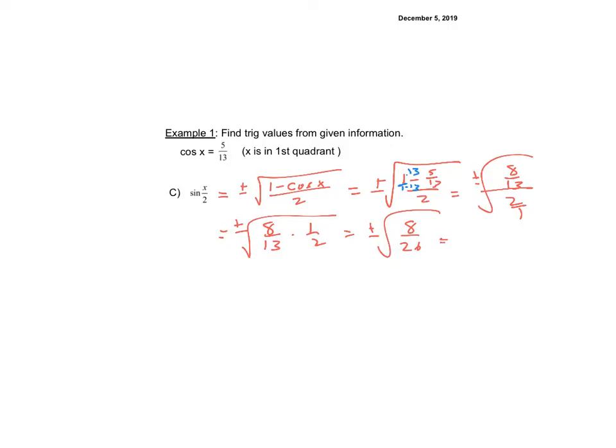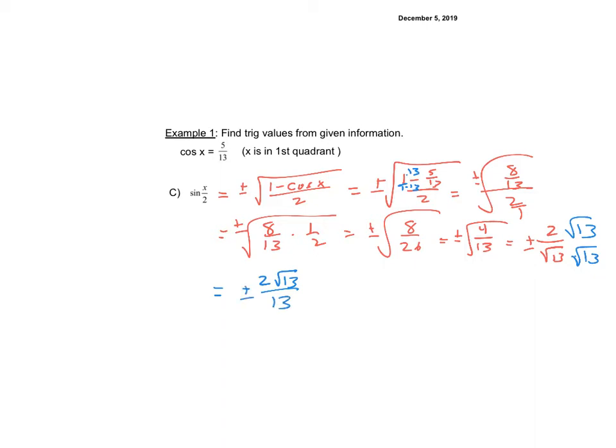We can reduce that down: 2 goes into 8 four times, 2 goes into 26 thirteen times. So the square root of 4 is 2. We cannot find the square root of 13, so I'm going to have to multiply my numerator and denominator by the square root of 13, because you cannot leave a square root in your denominator. So you get 2 square root of 13 over 13.